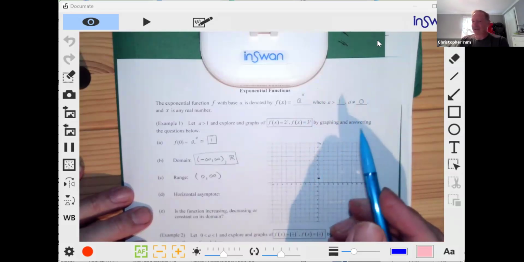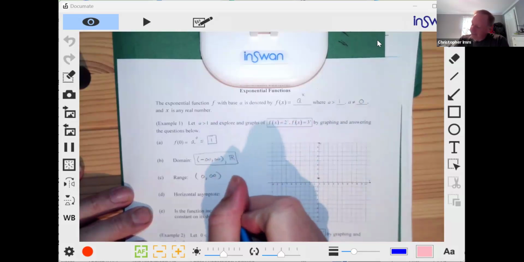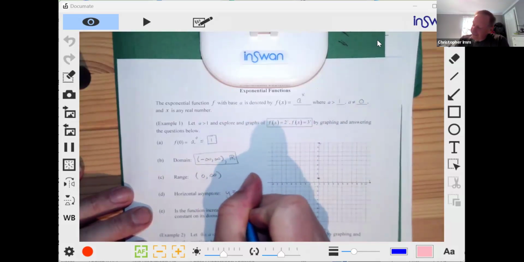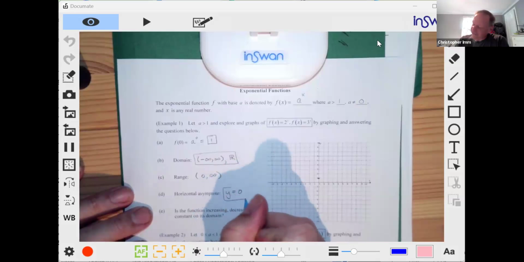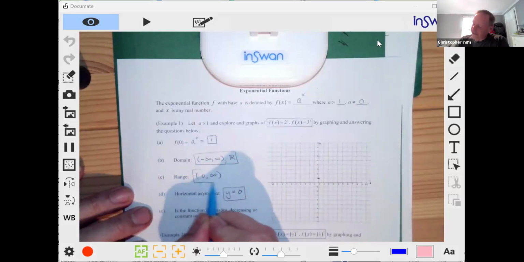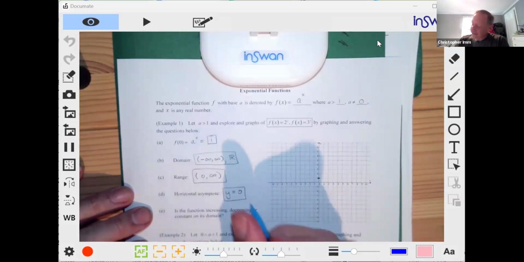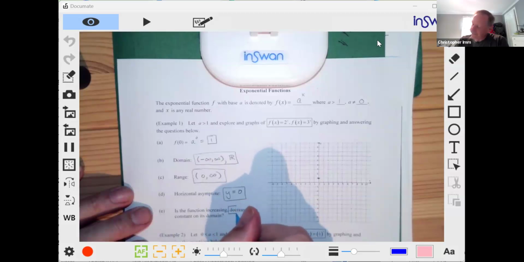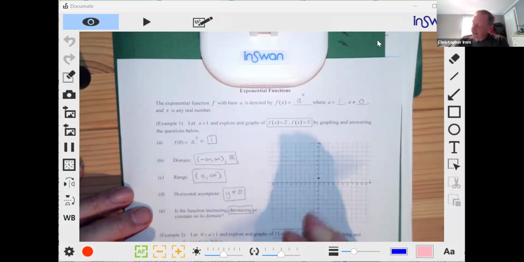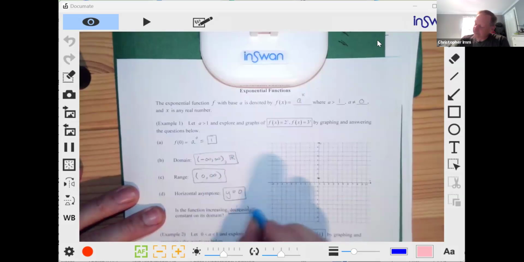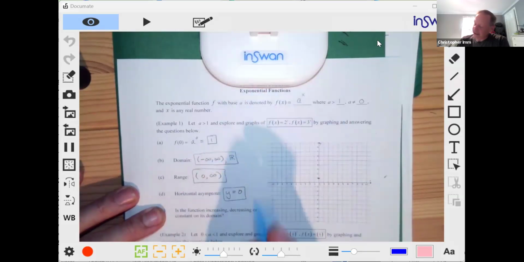Very close to 0, but not quite. So we're going to have a horizontal asymptote here at y is equal to 0. So these are all properties of this basic function that we're going to be learning about. And the function for a being greater than 1 is going to be increasing. It's going to be getting bigger and bigger and bigger.